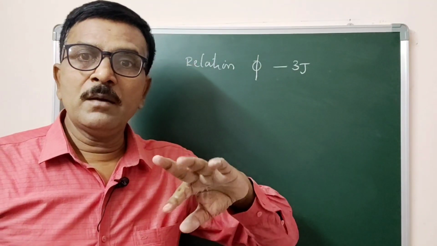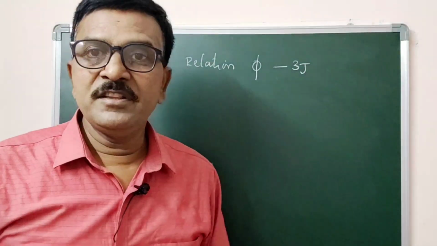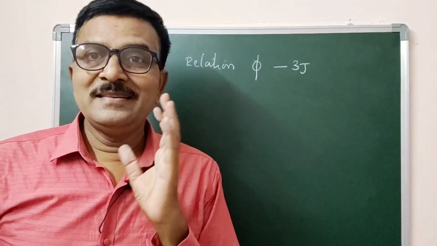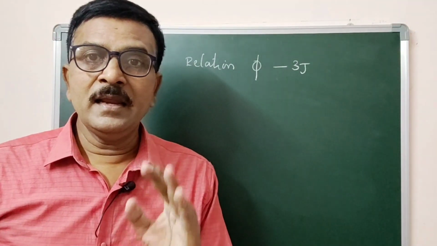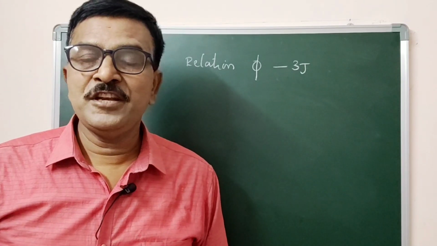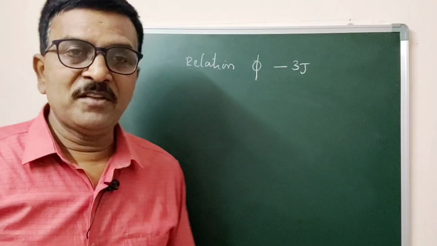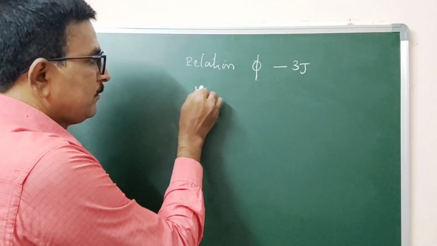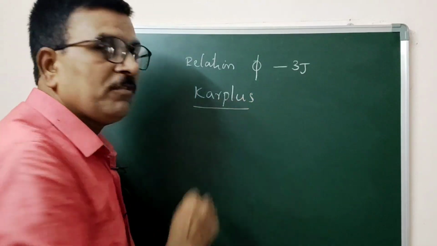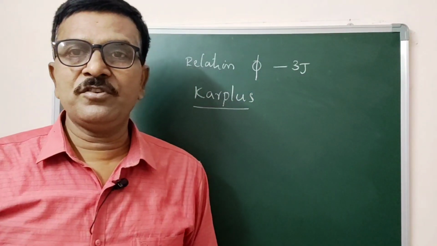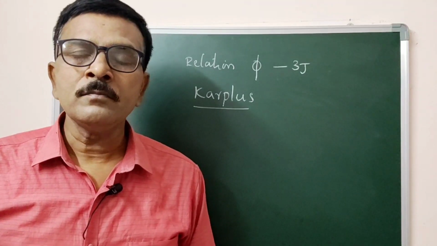Therefore, in vicinal coupling there are 3 bonds, so the J value is represented with 3J. The exact relationship between the dihedral angle and the vicinal coupling constants was first described by Karplus.